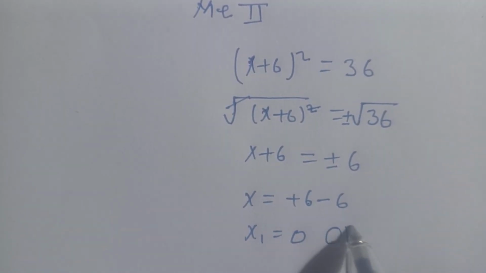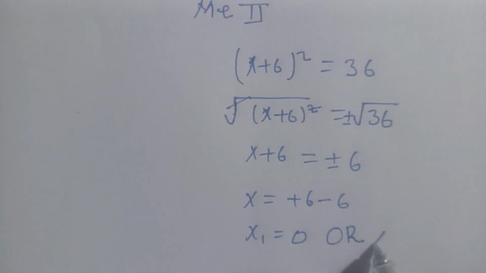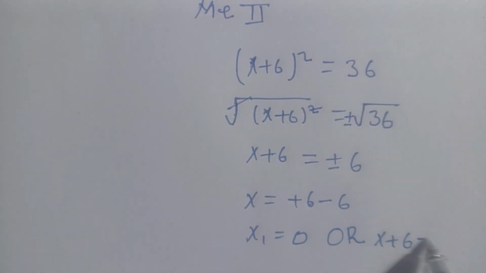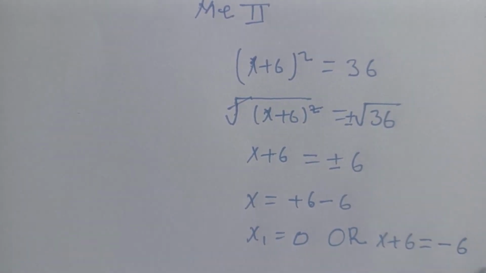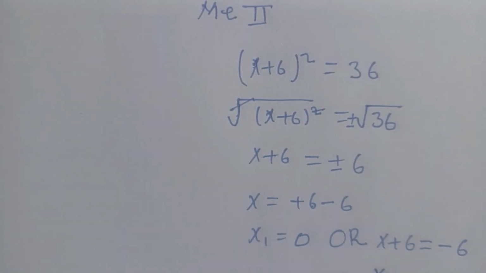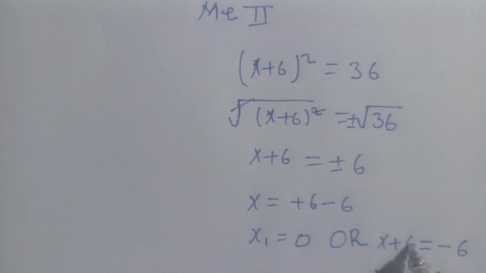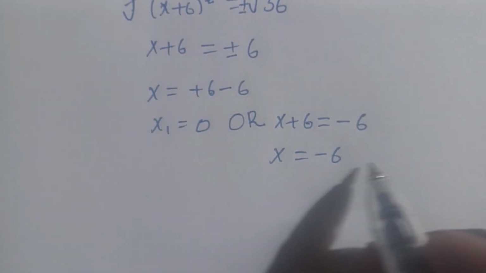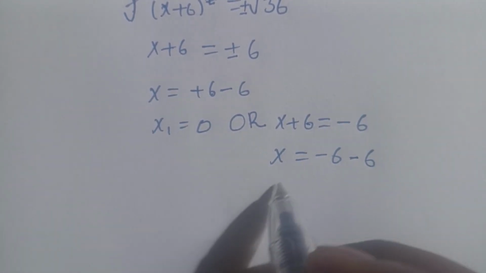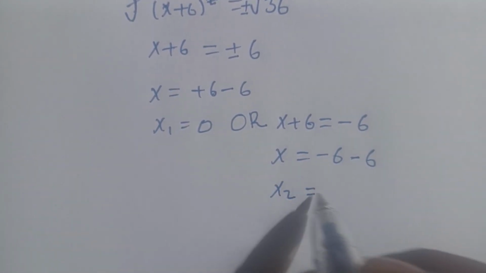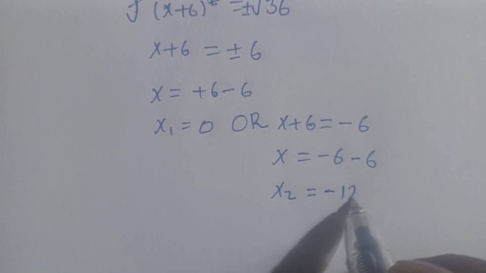Or x + 6 = -6, so x = -6 - 6. This 6 shifts to the right side as minus 6, so x2 = -12.